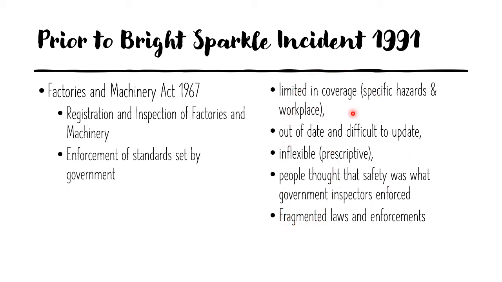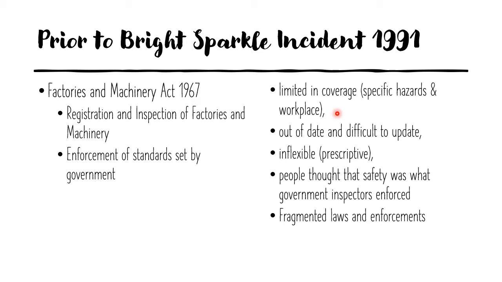The first one is limited coverage, only specific hazards and workplaces. Specific hazards are only the ones listed in this act, known by the government. So any hazard not known by the government is not covered. And workplaces are also only a few places listed in this act, for example the factory, the mines and quarries, and construction.